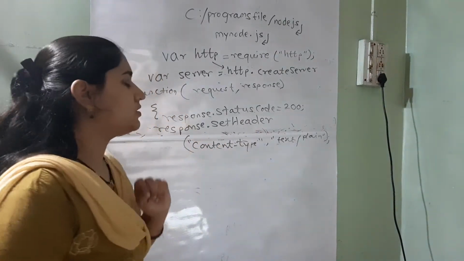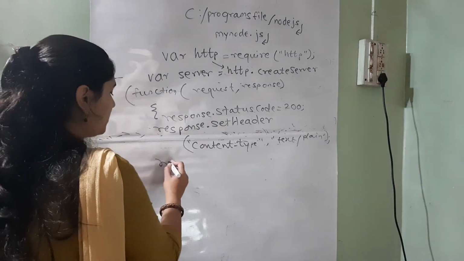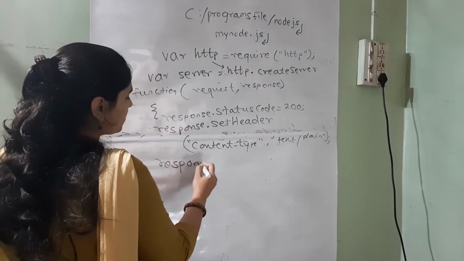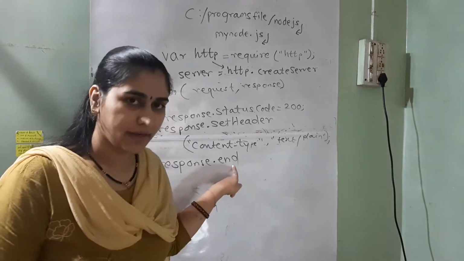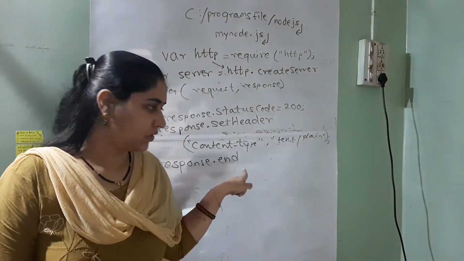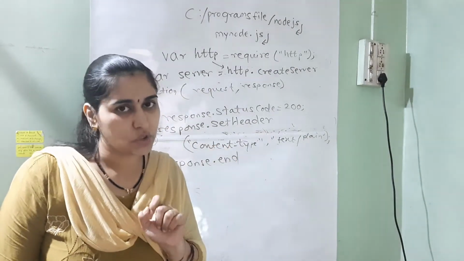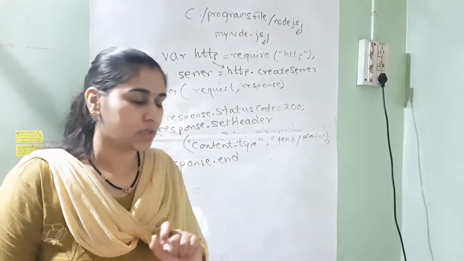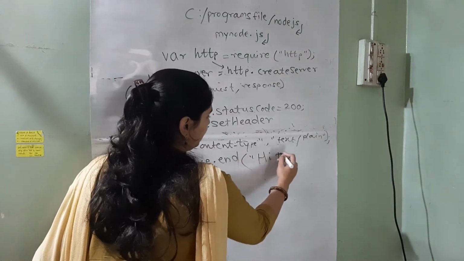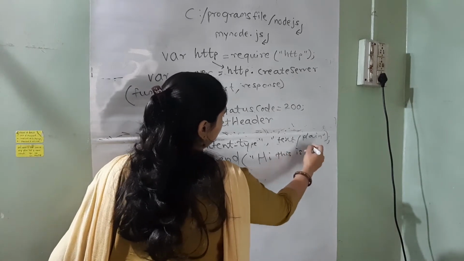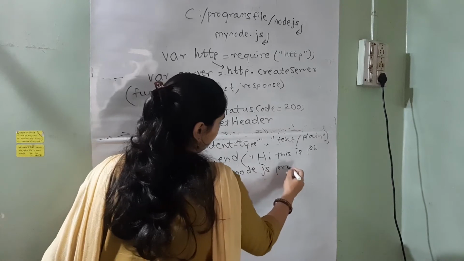Now after these two things I have to end my response by giving some message. So response.end. While ending the response, or while giving the response back to the browser, the server should display some message. So I am going to type a message here like, hi, this is first Node.js program.